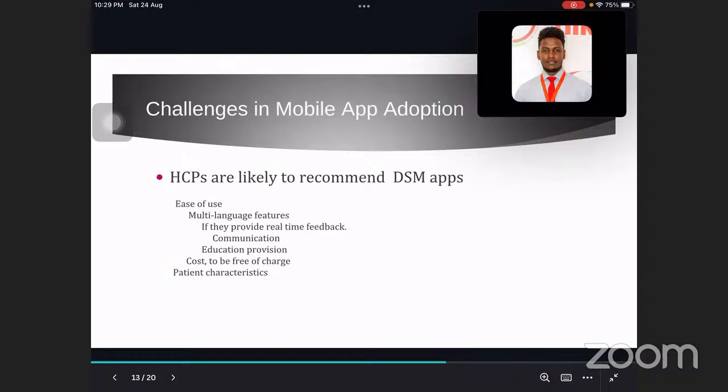Healthcare providers are likely to recommend a diabetes self-management application if it is easy to use and not complex, if the app contains a multi-language feature, and if it provides real-time feedback and communication with the healthcare provider.